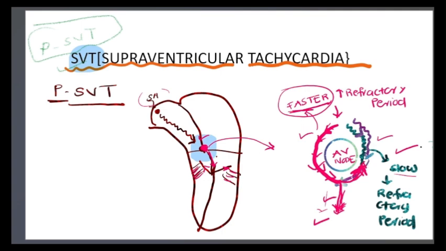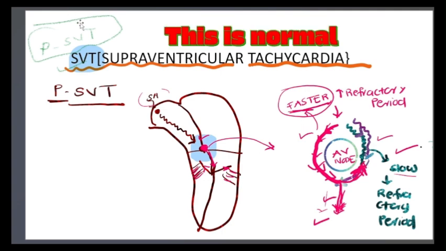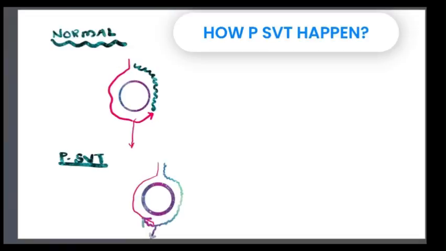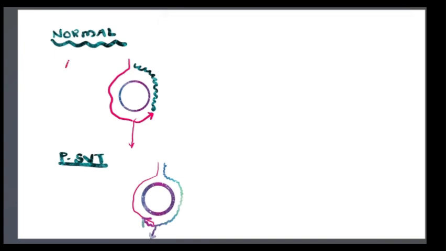All right. So this is what is normal. Now let me tell you how the pSVT happens. Let us assume that the SA node fires and an impulse has traveled through the faster pathway and has given the signal to the ventricle. So this faster pathway is now under refractory period.